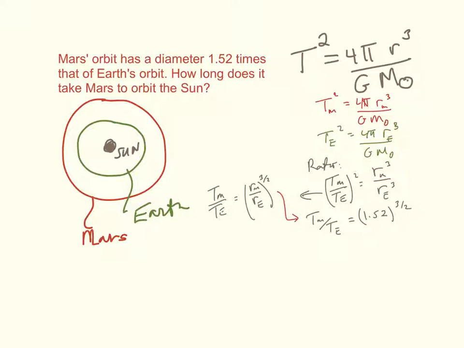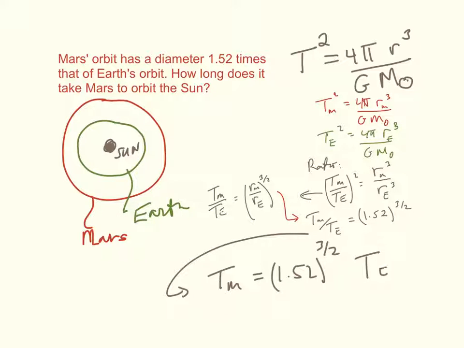So coming down here, the period of Mars is equal to 1.52 to the 3/2 times the period of Earth.